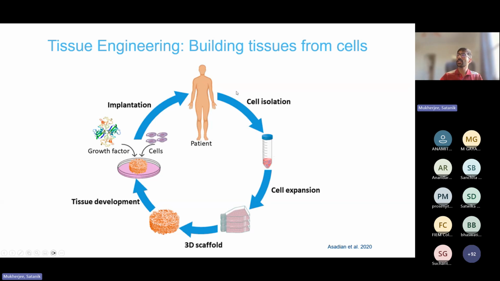And basically, this tissue engineering approach is using your own cells to regrow your own tissue using a combination of cells and a scaffold, which is a biomaterial, and some growth factors.